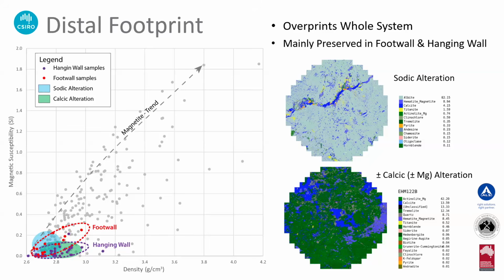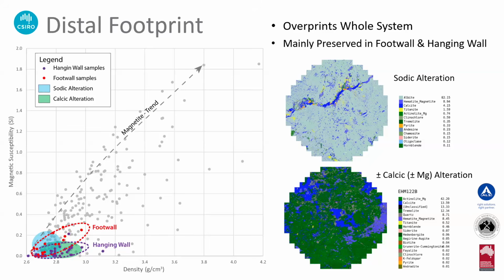We have calcic alteration, what I'm going to call calcic alteration, although some people might debate this one, but it's basically actinolite, magnetite, calcite. These are both pretty common in regional geology, so you'll see them in some of the calc-silicate formations quite commonly. These have fairly low susceptibilities, although it can get quite high.